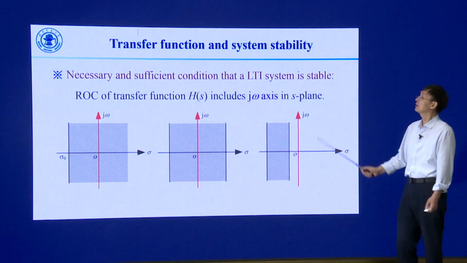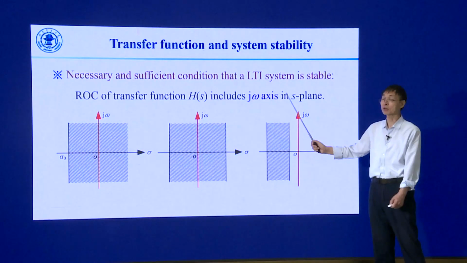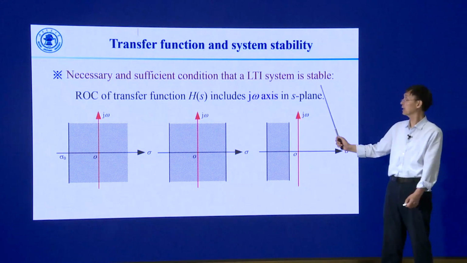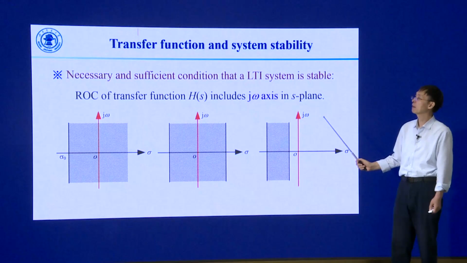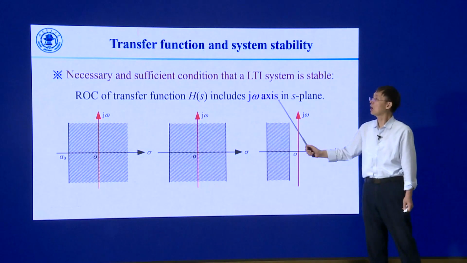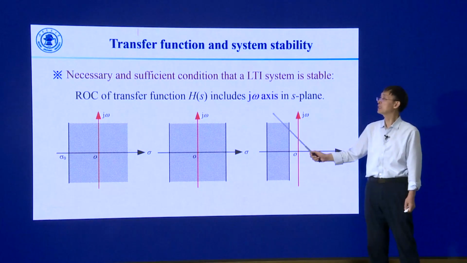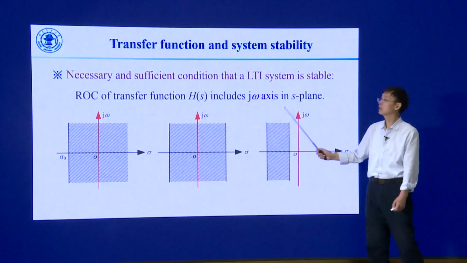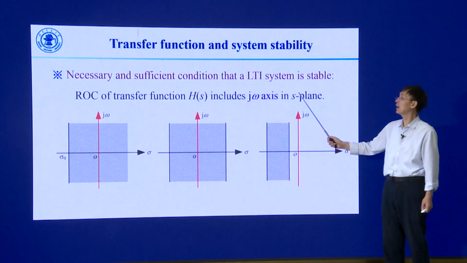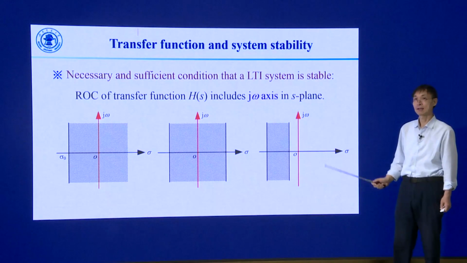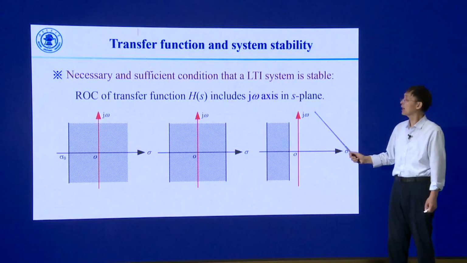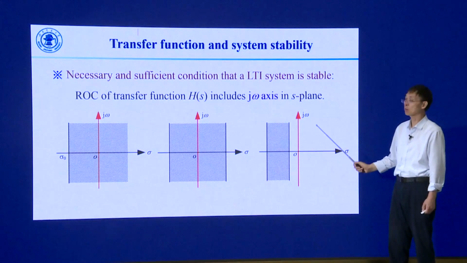Now we give the necessary and sufficient condition for an LTI system to be stable. If the ROC of the transfer function H(s) includes the j omega axis in the S-plane, the LTI system is stable.